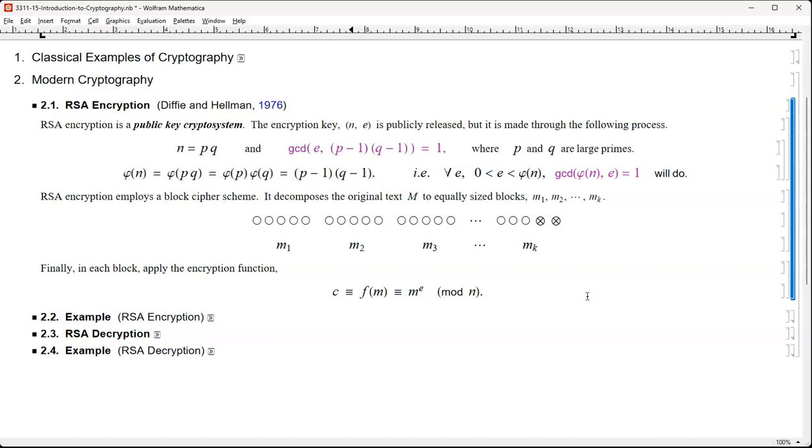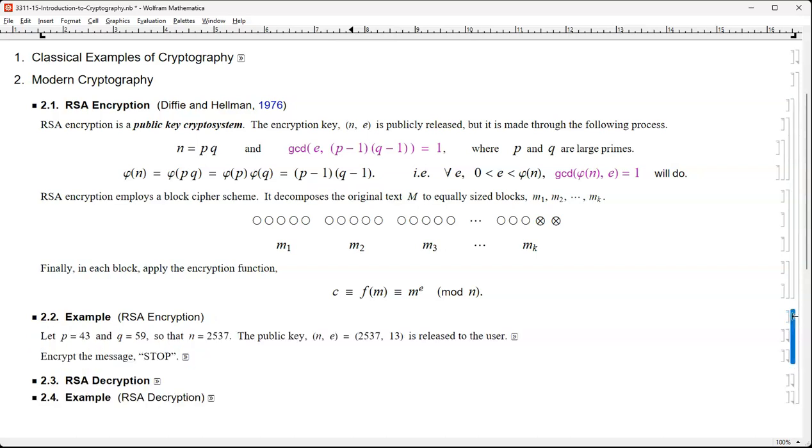Let's go to an example problem. Let's do an encryption problem now, and we're going to study the decryption in a separate video. Here we go. P is 43 and Q is 59. They're both prime, and then N is P times Q, which is 2537. And then the public key is 2537, comma 13.